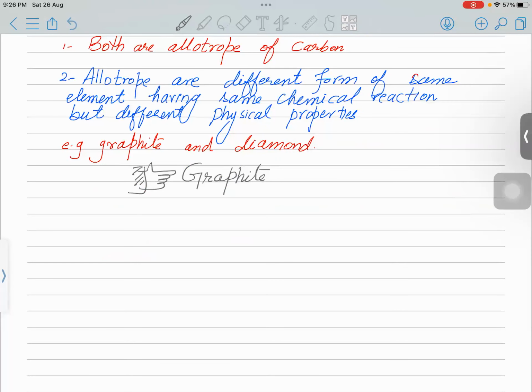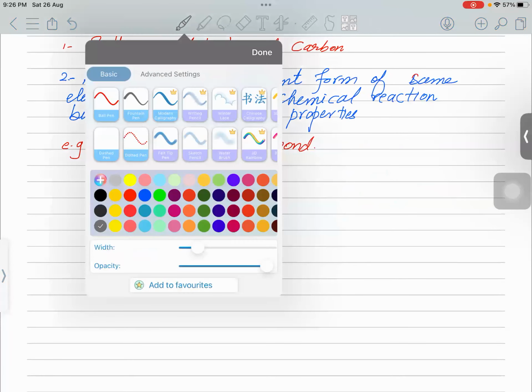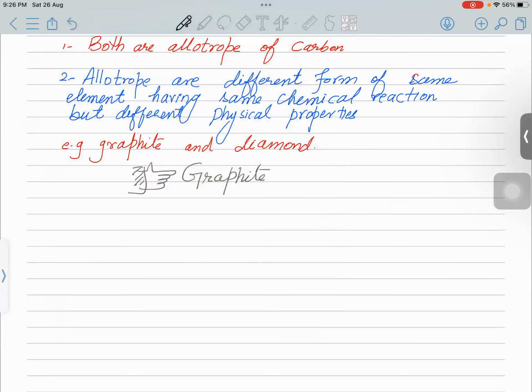Now look at the structure of graphite first, right? This is a hexagonal structure, right?